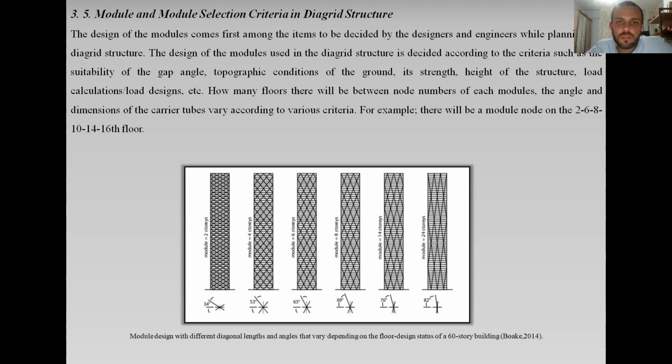The modules are designed according to criteria such as the suitability of the angle, topographic conditions of the ground, its strength, height of the structure, load calculations, and load designs, as well as how many floors there will be between node numbers of each module. The angle and dimension of the carrier tubes vary according to various criteria. For example, there will be a module node on the 2nd, 6th, 8th, 10th floors.